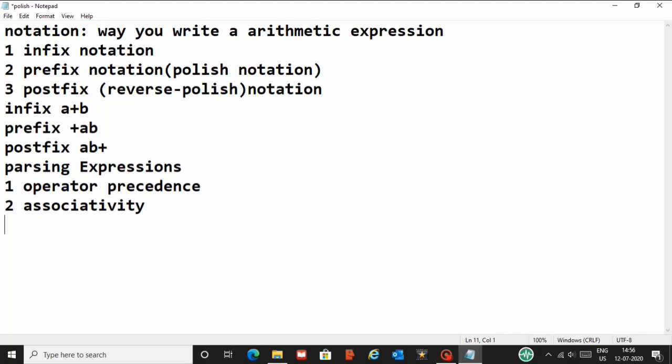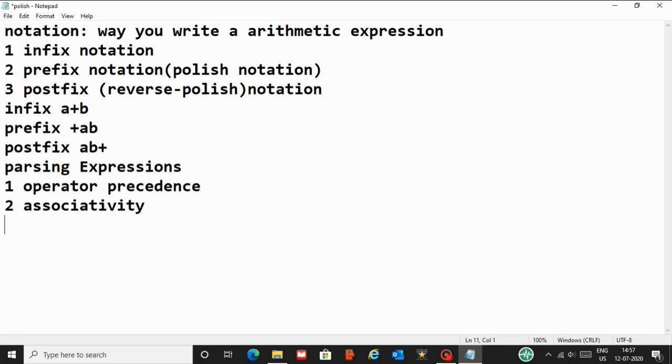I repeat, when an operand, A, B, C, D, X, Y, Z, whatever, is in between two different operators, the arithmetic operators are addition, subtraction, multiplication, division, modulus, exponent. So we'll leave the modulus part, we'll only talk about the others.